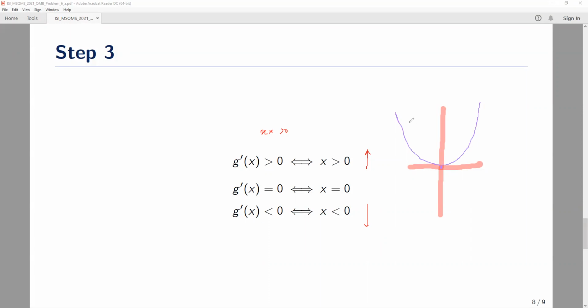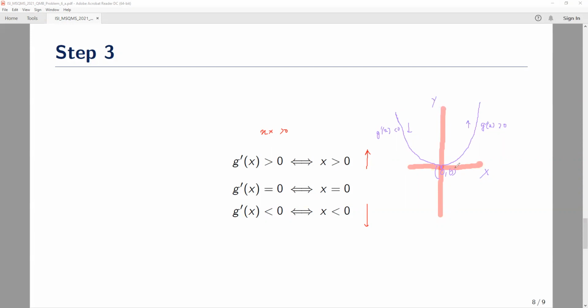Great. So here it's decreasing, here it's increasing, because g dash of x is less than 0 here, and g dash of x is greater than 0 here, and here it's 0. At 0, it's actually taking the value 0, because g dash of 0 is 0. That's pretty interesting.